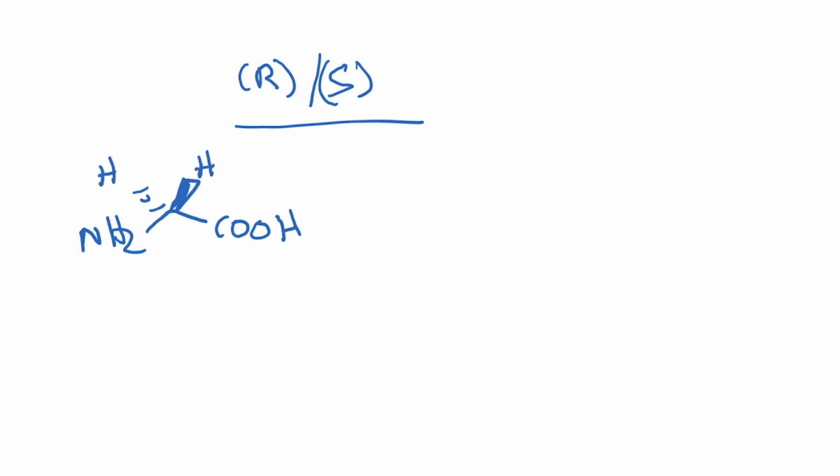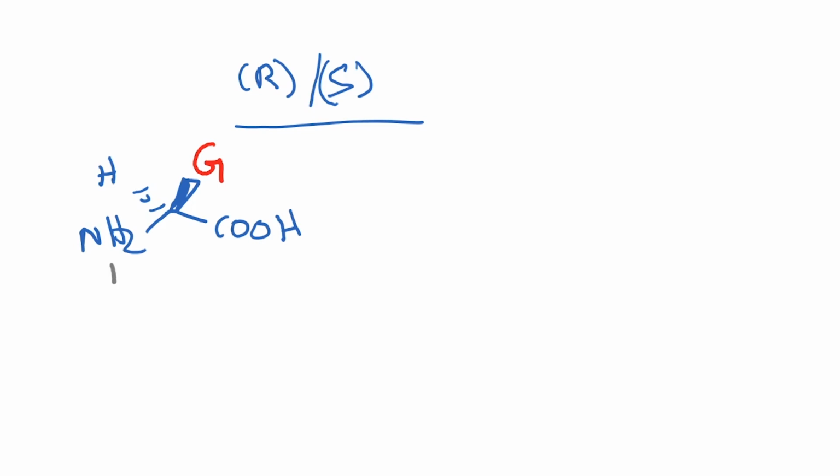And we're just going to replace this one hydrogen, as we discussed, with a new group, which I'm going to call G, and I need to figure out whether this is R or S.